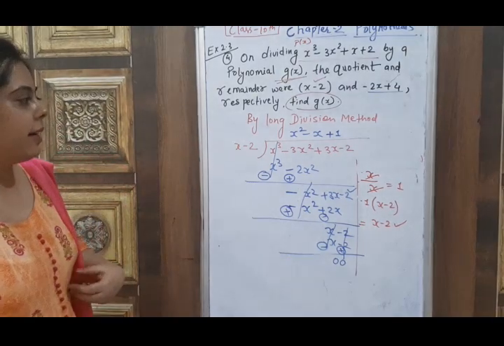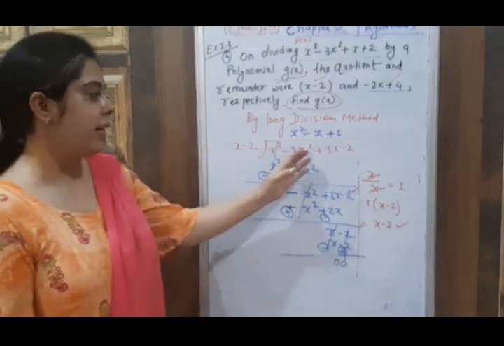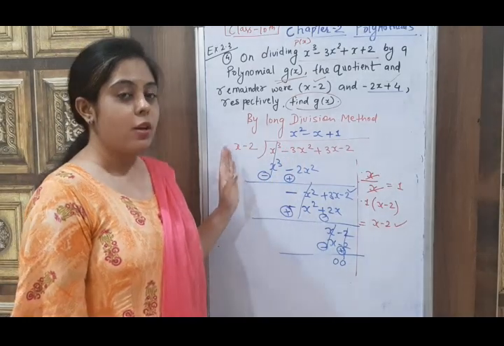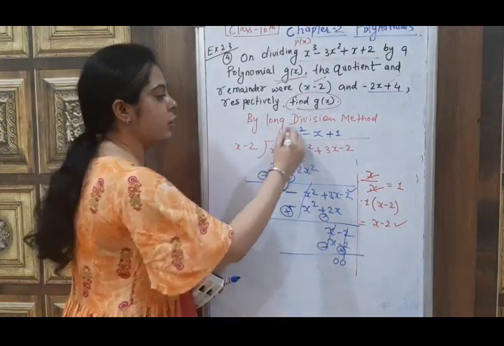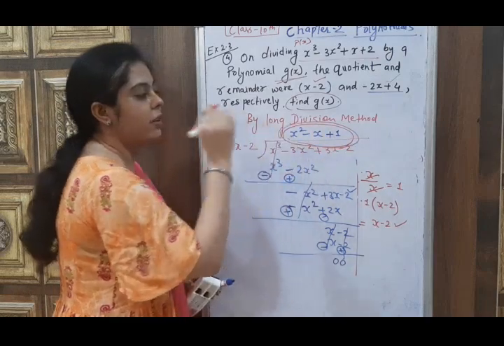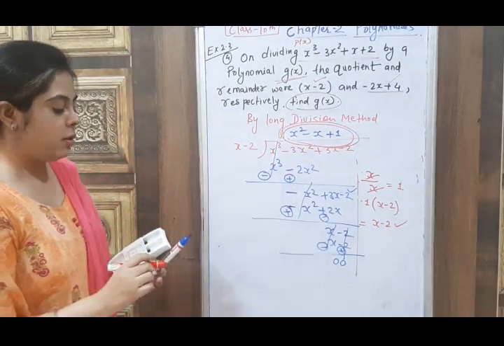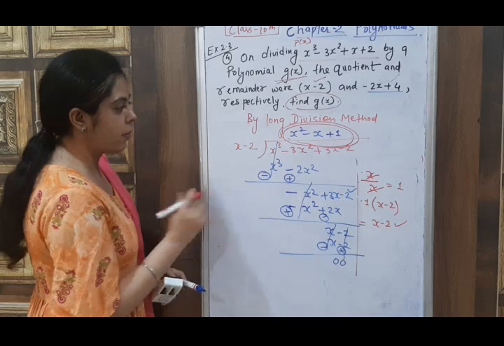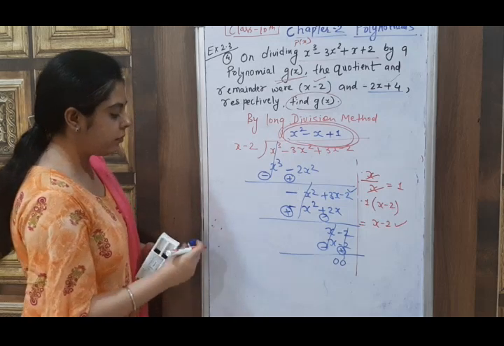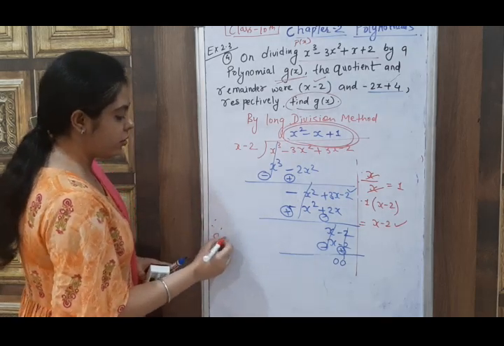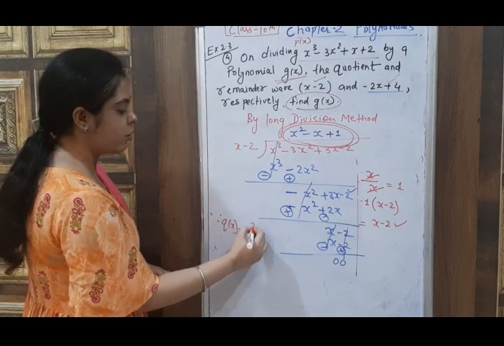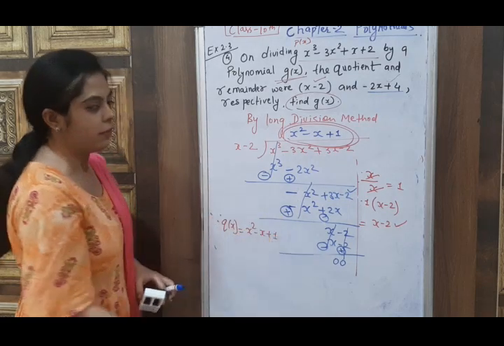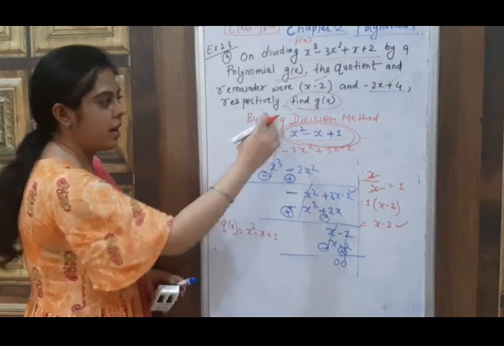So here you can see that when we have divided this polynomial by gx, we got 0 as a remainder and this as a quotient. So this quotient will be the gx. So here quotient is equals to, therefore gx is equals to, here the quotient, since quotient is equals to x square minus x plus 1, and this will be the answer.